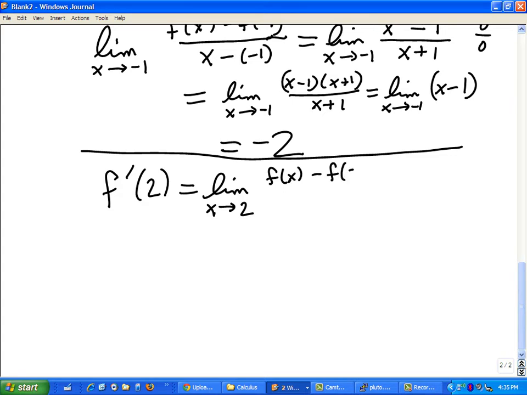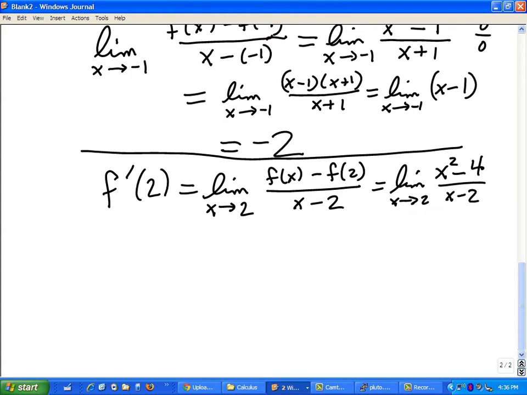Fill in: limit as x approaches 2 of f of x is x squared, f of 2 is 2 squared, or 4, over x minus 2. Do your reality check. As x goes to 2, the bottom goes to 0, top goes to 0. By the way, this is going to happen every time we take a derivative.